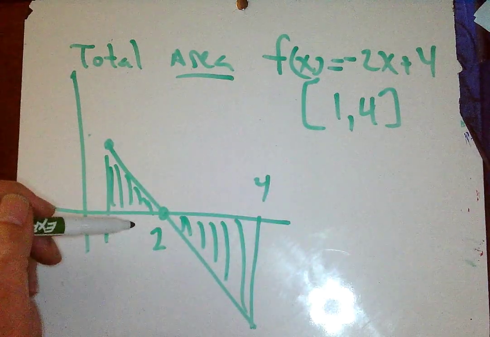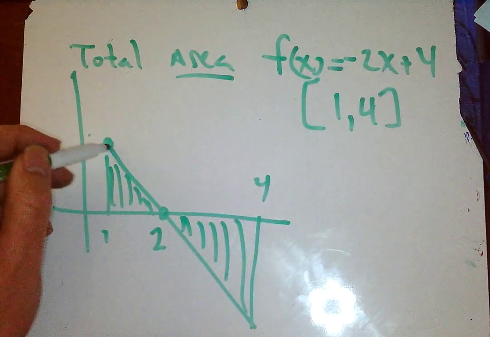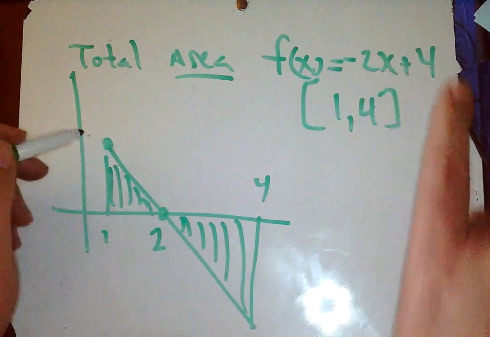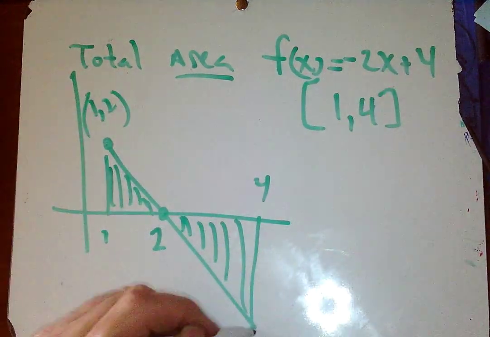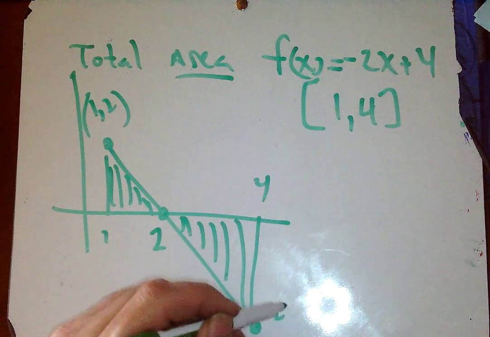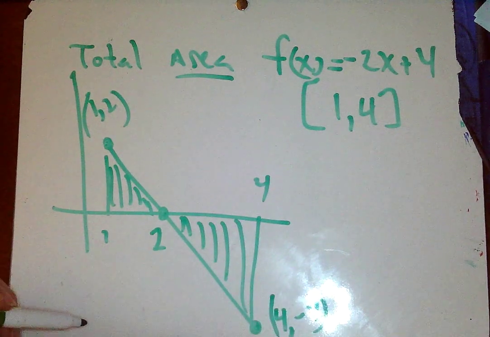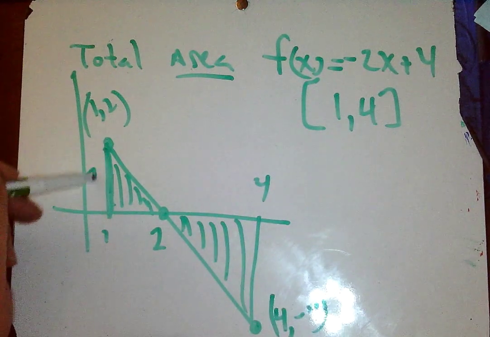We could appeal to the geometry here. The height at 1 is 2, and the height at 4 is negative 4.